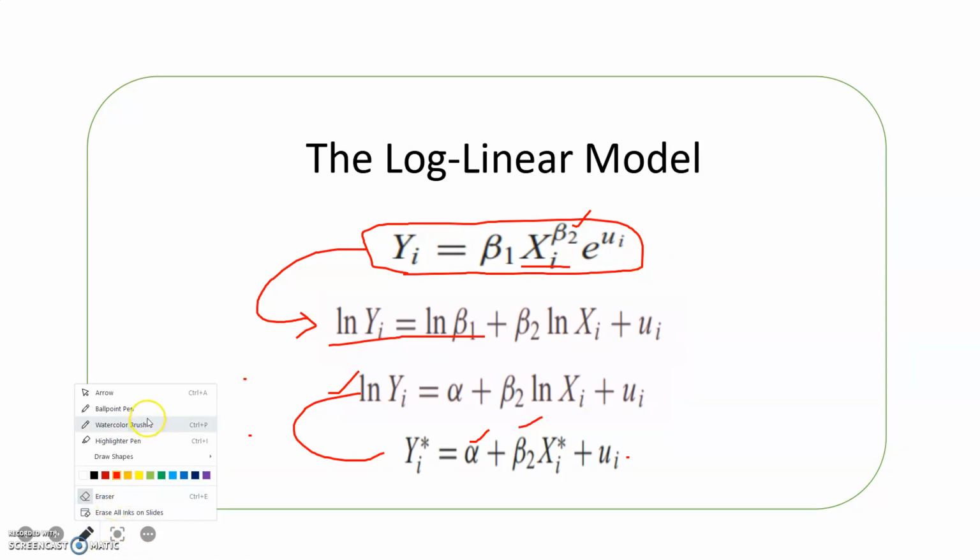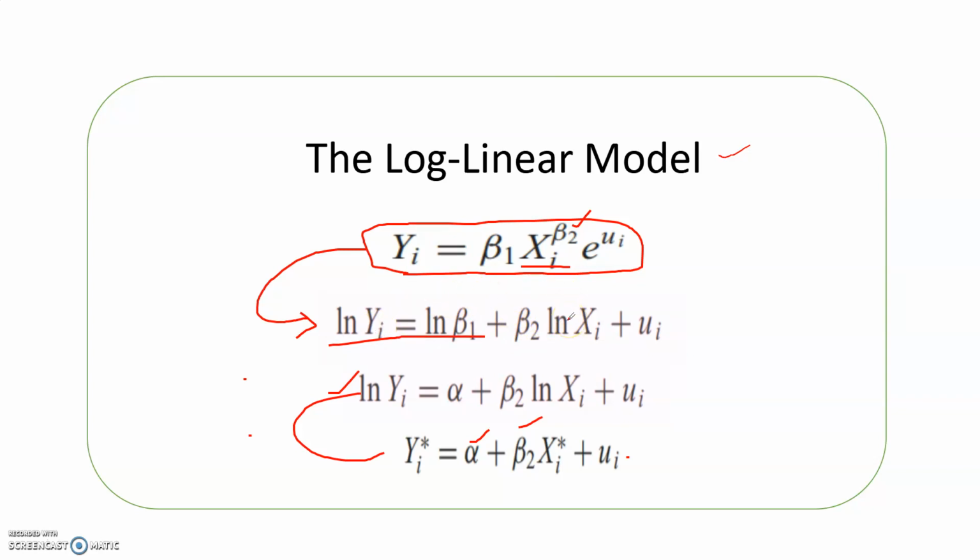This model is known by several other names: log-log model, since log is on both the sides, double log, or log linear model. One important feature of the log linear model is that the slope coefficient, beta 2, measures the elasticity of y with respect to x.